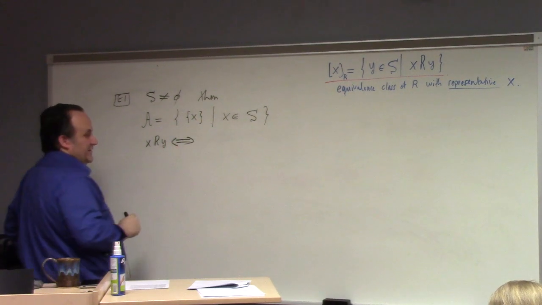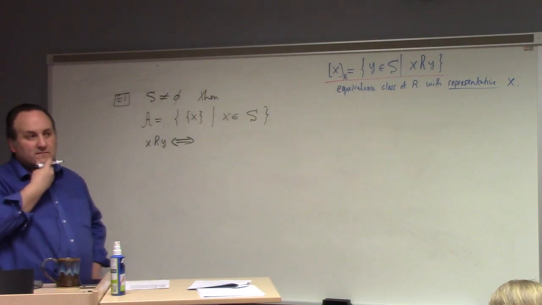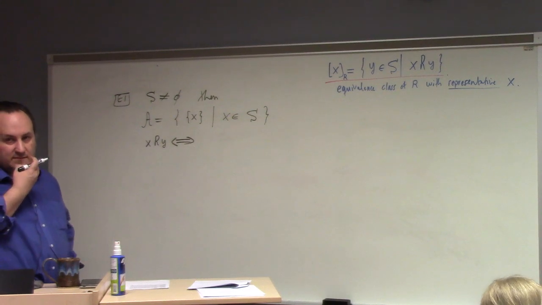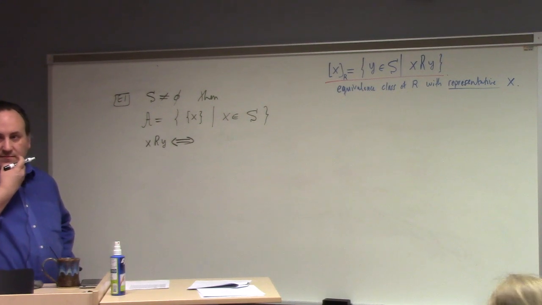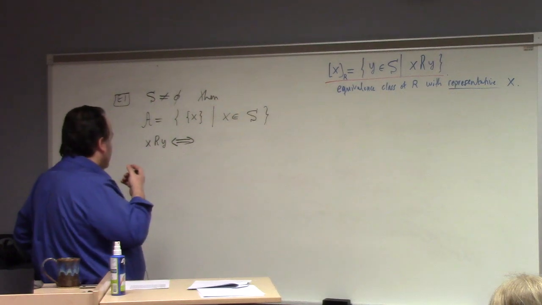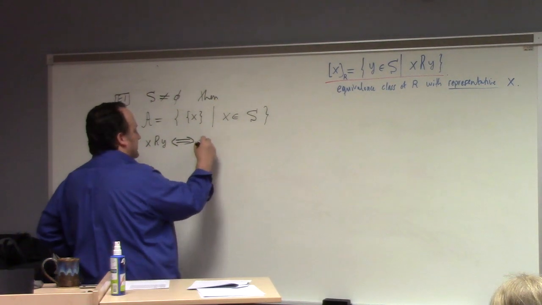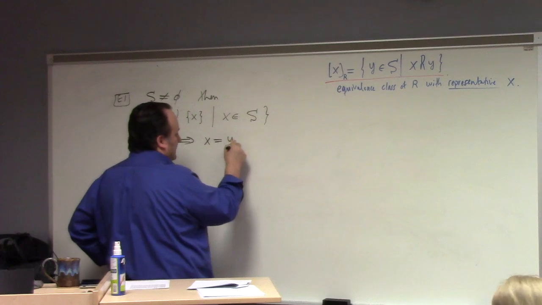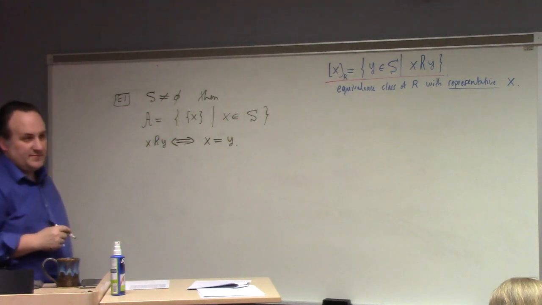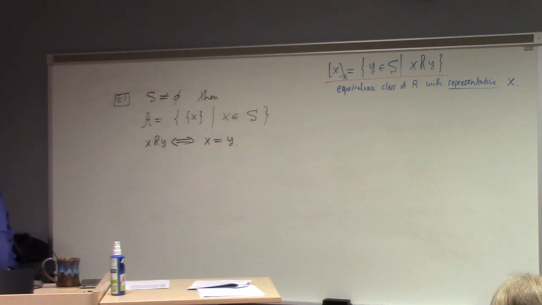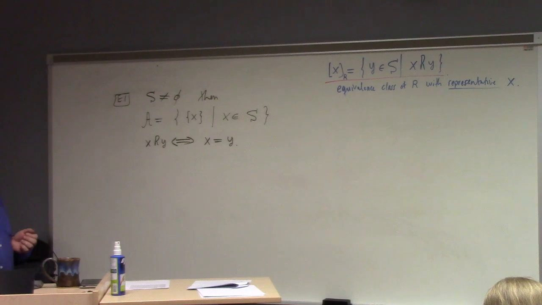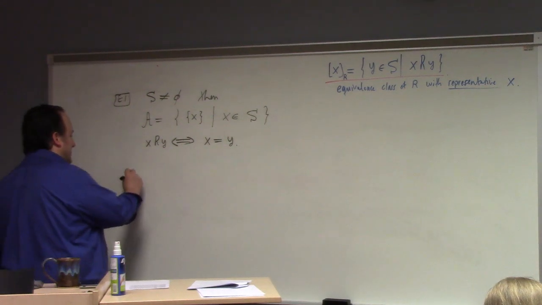It's very silly. If x equals y. So equality is an equivalence relation, and the partition to which it corresponds is this exceedingly silly partition, all right?